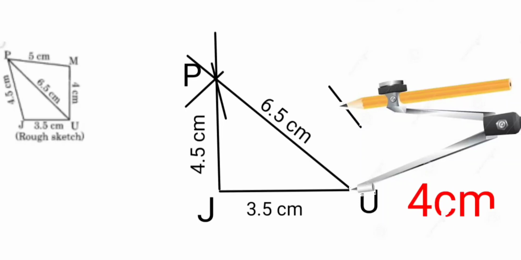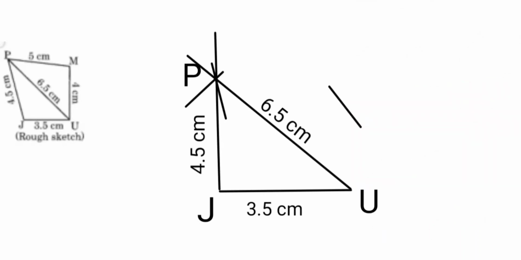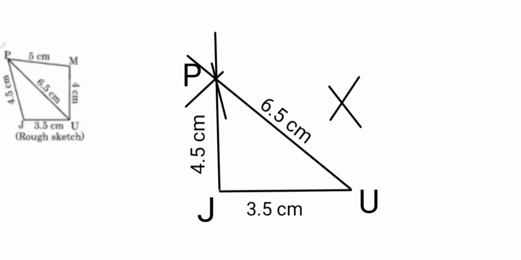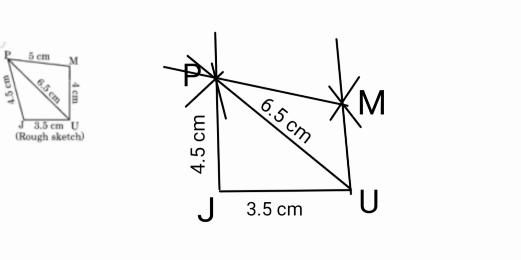Now take U as center, make an arc of 4 cm and take P as center, as PM is 5 cm. So take P as center, make an arc of 5 cm which cuts the previously drawn arc, then join the intersecting point, and that point is called M. Labeling all the sides.